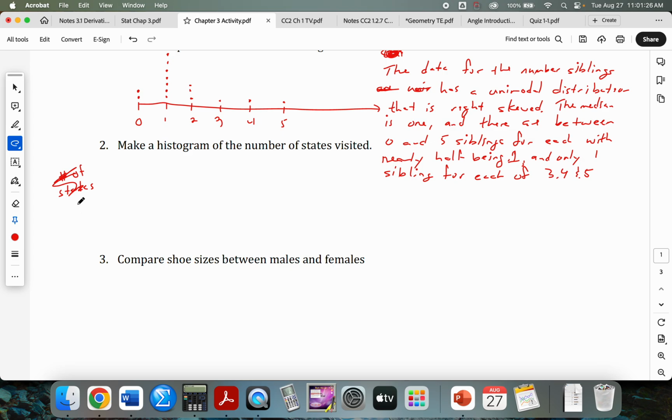Oh, this will be the count. You see the count always goes on the y-axis. For a histogram, the count's always on the vertical axis. Yeah, let's start calling it the vertical axis because there is no y here.